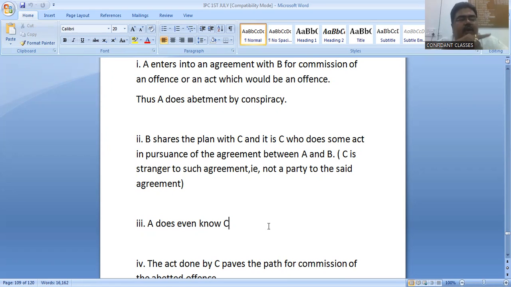So here there is abetment to do an act, which would be an offense of murder, जो एक offense होगा murder का. तो यहाँ पर death of D is the requisite effect that A wants to achieve.